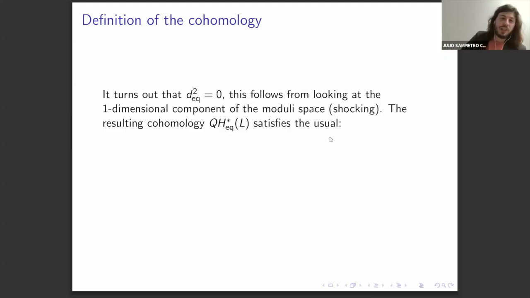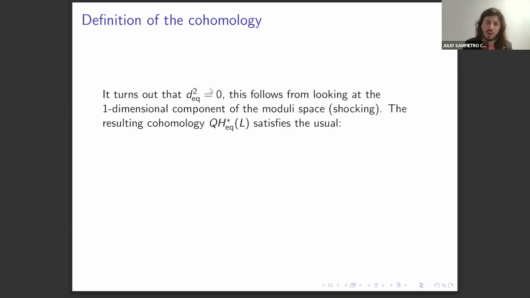So the definition of the cohomology. Well, it turns out that the equivariant differential squares to 0. And surprise, surprise, this follows by looking at the one-dimensional moduli space, and bubbling can't occur. So the only kind of loss of compactness can be breaking. And this gives you the dx squared terms. That is the usual Floer homology argument.